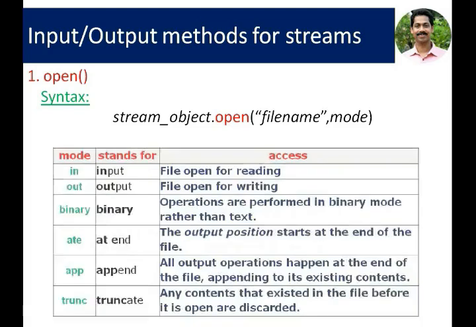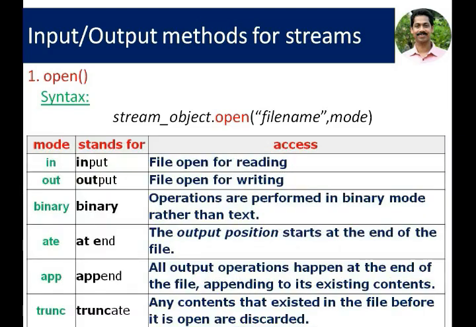The mode must be any one of these: in, out, binary, ATE, APP, trunc. The meaning is well defined in the table. In stands for input, out stands for output, binary stands for binary, ATE means at end.